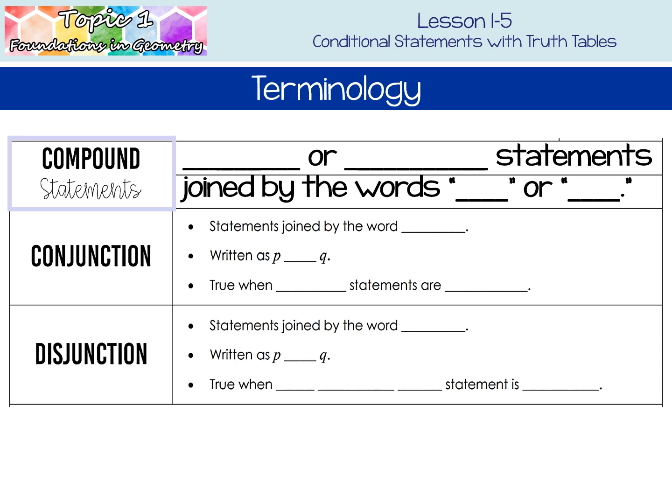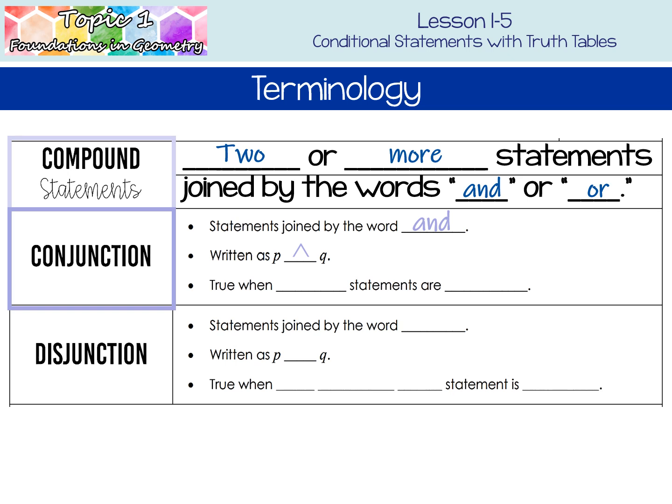Compound statements, two or more statements joined by the words and or. Conjunction is a statement joined by the word and, and it's written with this notation. That's P and Q. Looks like an upside down A without the line in it.